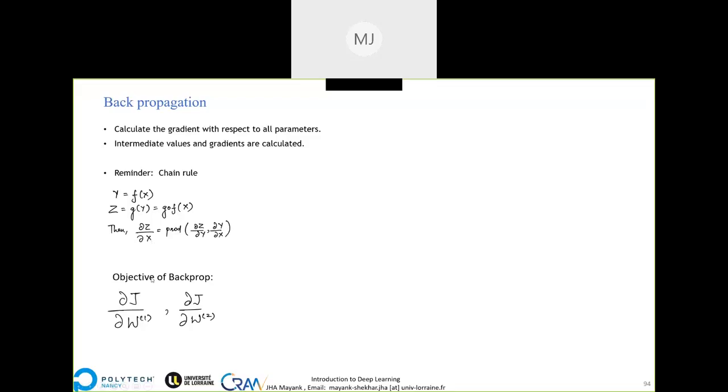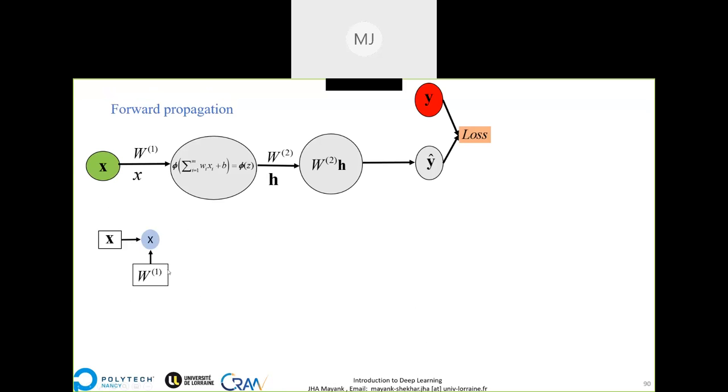That's the basic chain rule of calculus, and that's all that is used. Using the basic chain rule, you can calculate the derivatives. Now remember, to do the learning, remember.